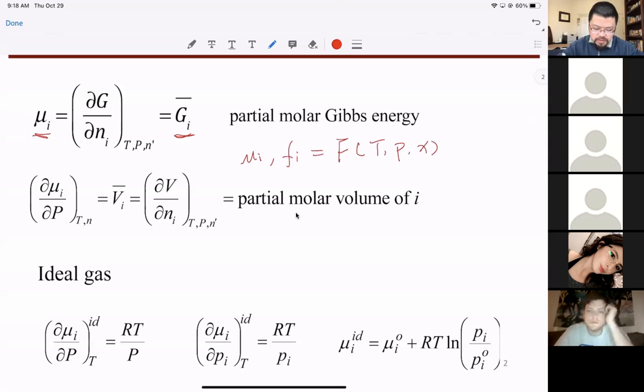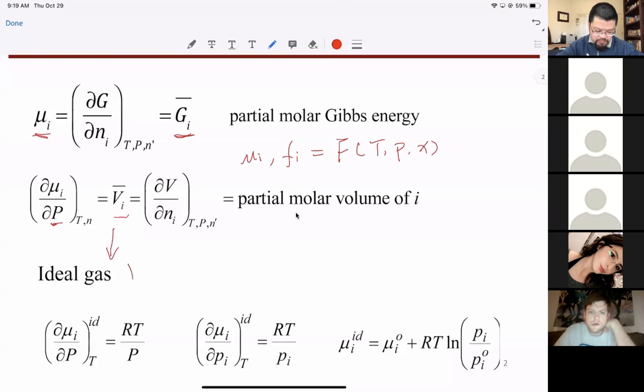This is why we received the second equation, where the partial derivative of chemical potential with respect to pressure is the partial molar volume.